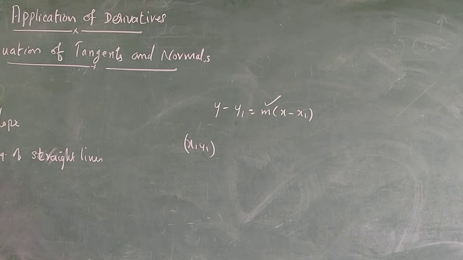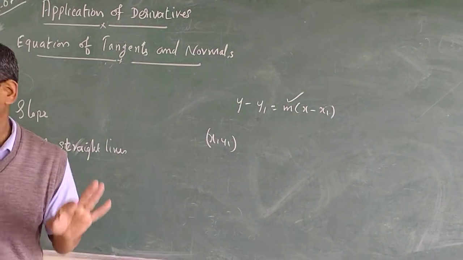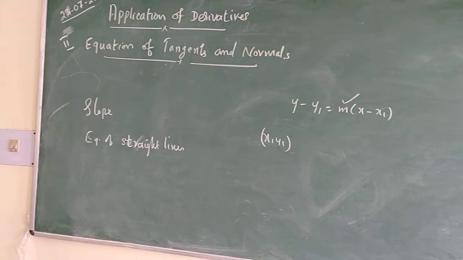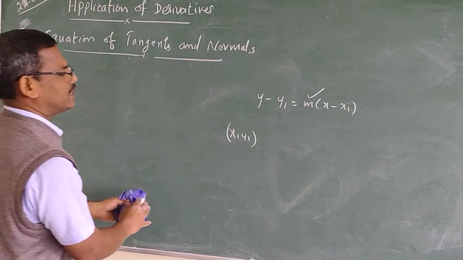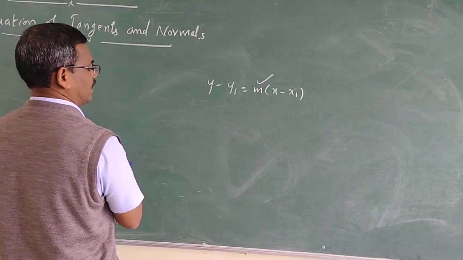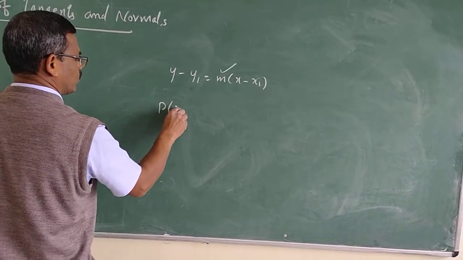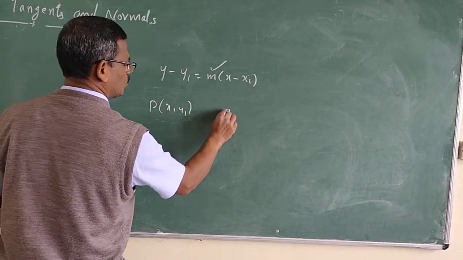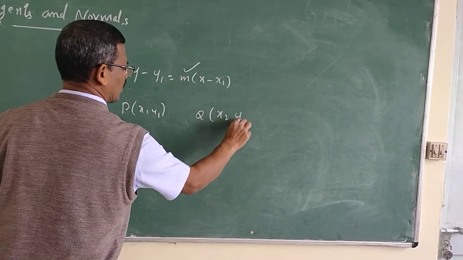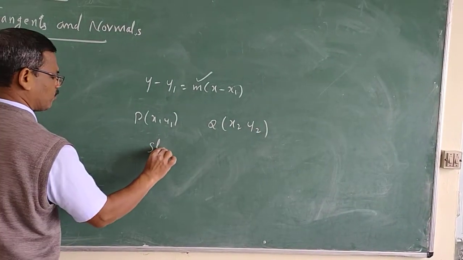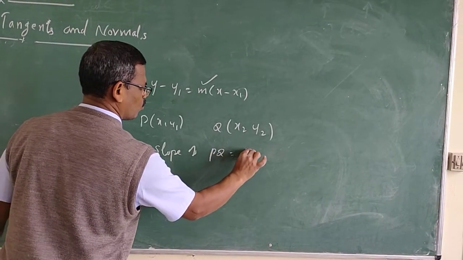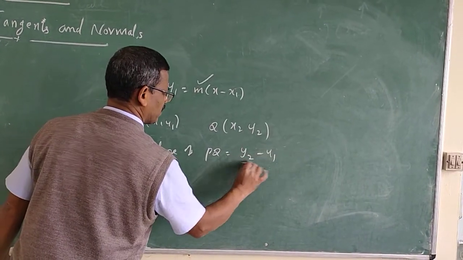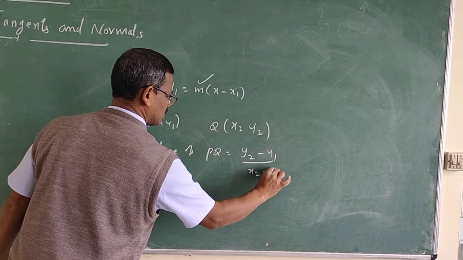Now let us see how this is connected with our present topic, geometrically. You have also studied that if P is (x1, y1) and Q is (x2, y2) are two points, then the slope of PQ is equal to y2 minus y1 divided by x2 minus x1.